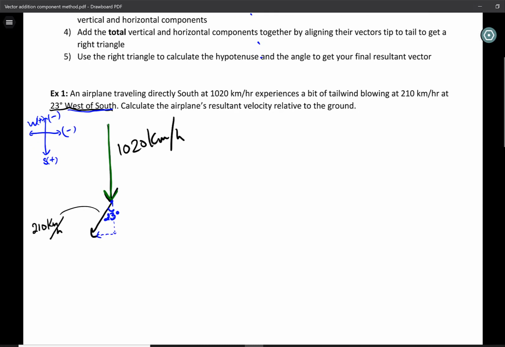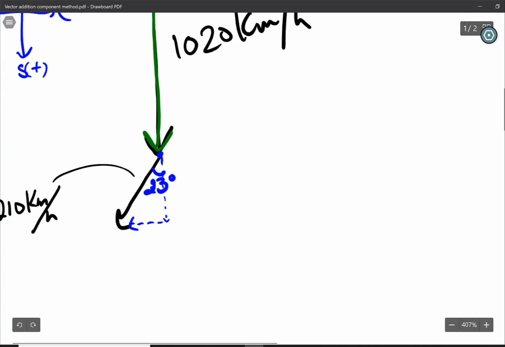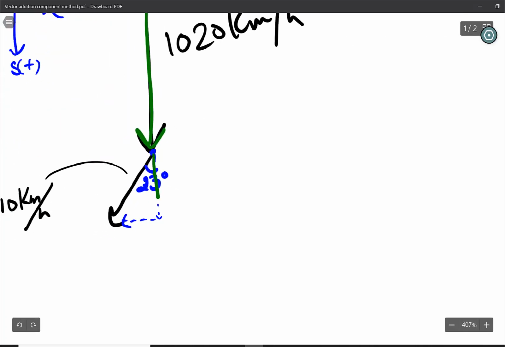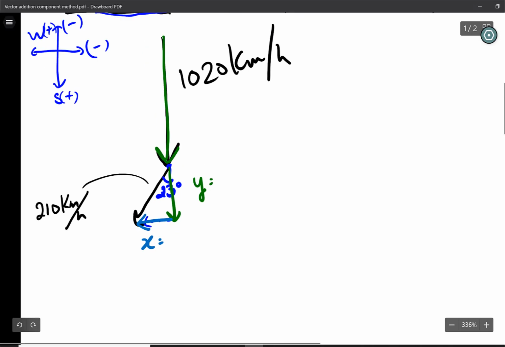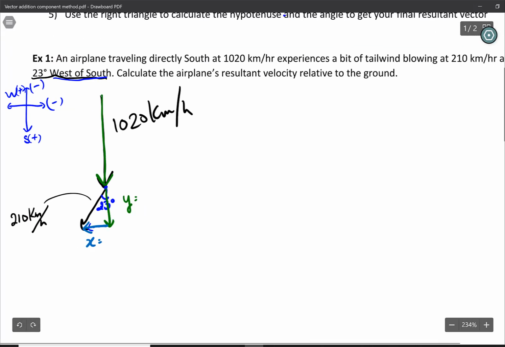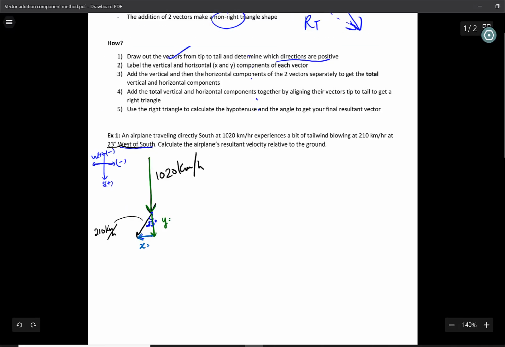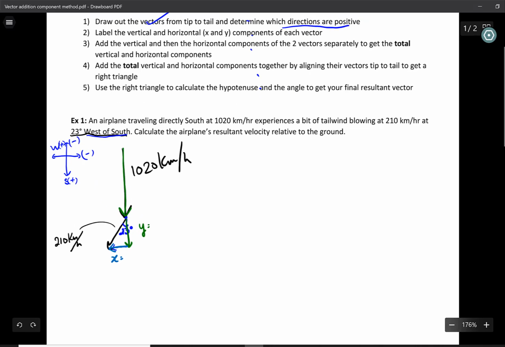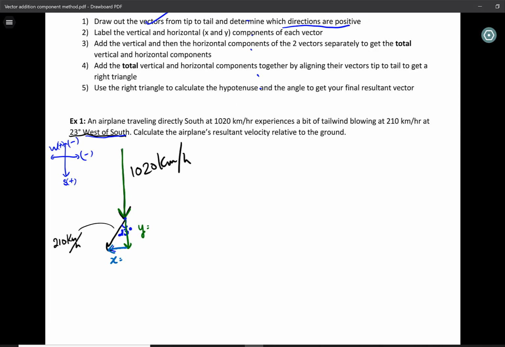However, our wind has both components, both a y component. So this one over here, I'm just going to label y here. We don't know what it is. And it has an x component, which I'm going to use this color blue for. So we have the x component of the wind, and we don't know what it is. So we labeled it, and now you need to calculate it.